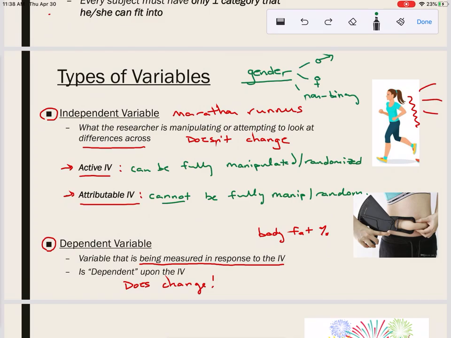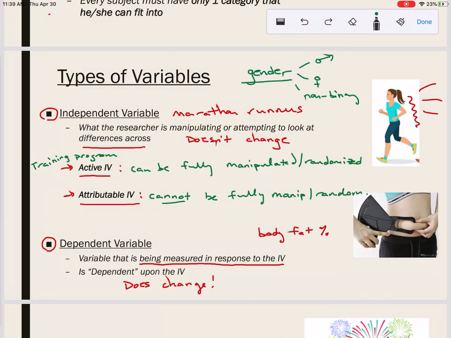Active independent variables. Let's see here. Okay. Something that can be fully manipulated is something that you might need to use if you're doing true experimental studies. What is something that I can fully manipulate? I could fully manipulate training program.